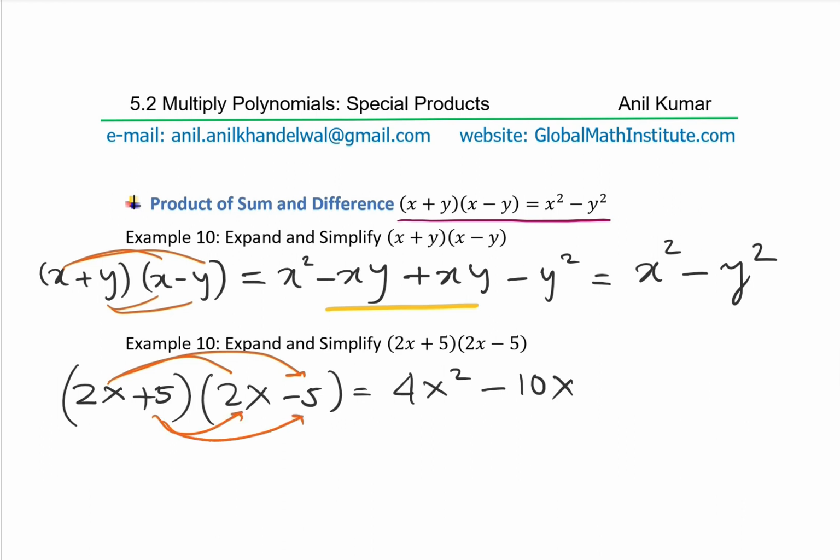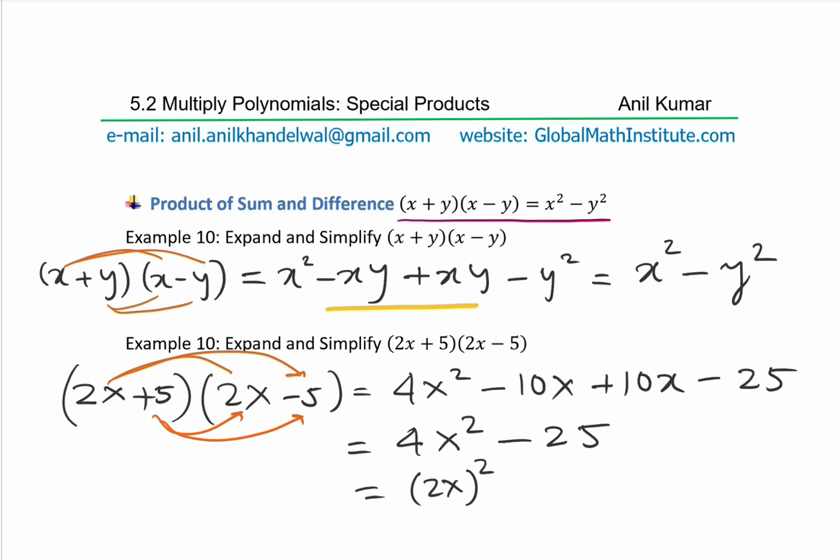When you multiply by 5, you get 5 times 2 is 10, so you get plus 10x, and 5 times 5 is 25 with a negative sign, simply because we have plus and minus 5. Now the center two terms cancel away and you get 4x squared minus 25, which you can see is same as 2x whole square minus 5 squared. So that confirms our formula.